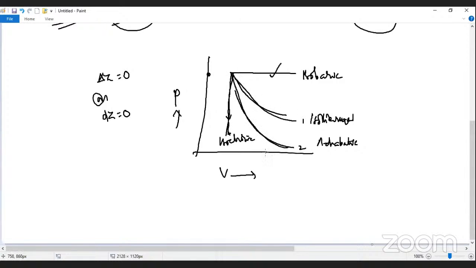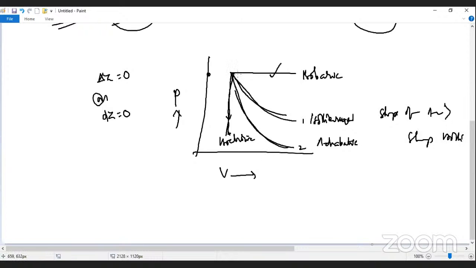Now, what difference can you notice between isothermal and adiabatic when you look at the curves? The slope of the isothermal curve is less than the slope of the adiabatic curve. Yes, very good. The slope of the adiabatic process is greater than the slope of the isothermal process.